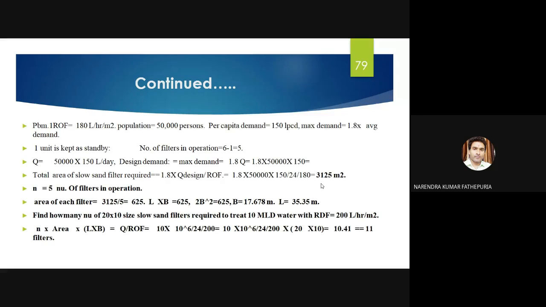As I told you, SSF requires a larger area. So N is equal to 5 filters in operation, one will be in standby mode, and then total area will be like this. Total area is 3125. If we divide with 5, you will get 625 meter square area for each filter.